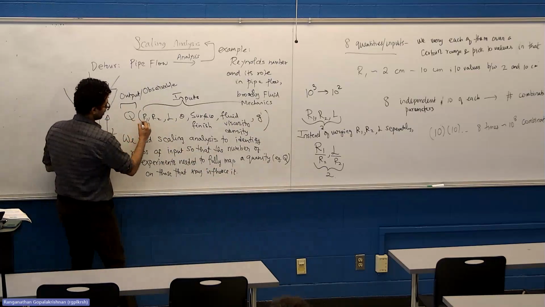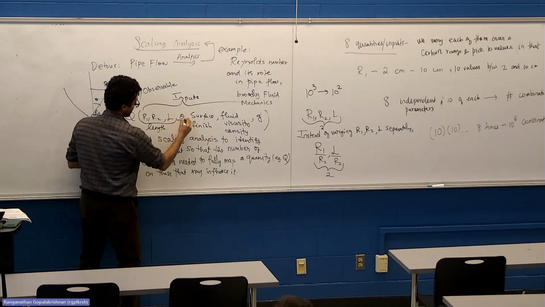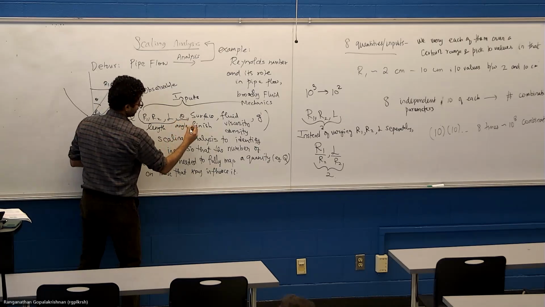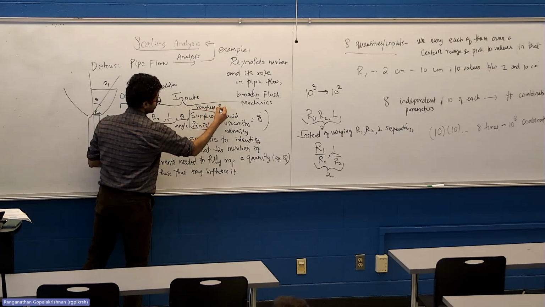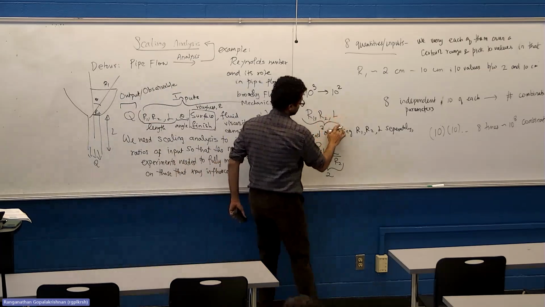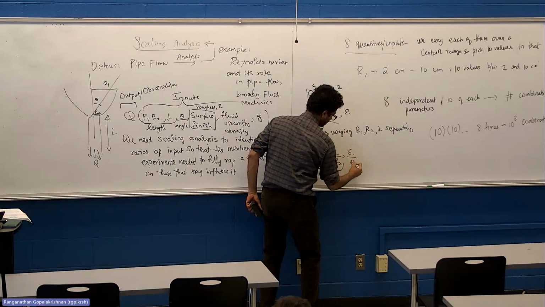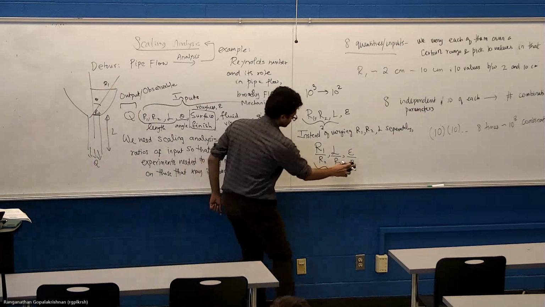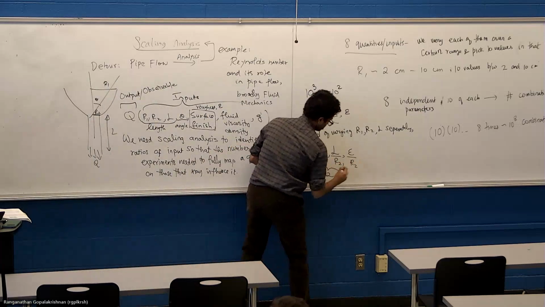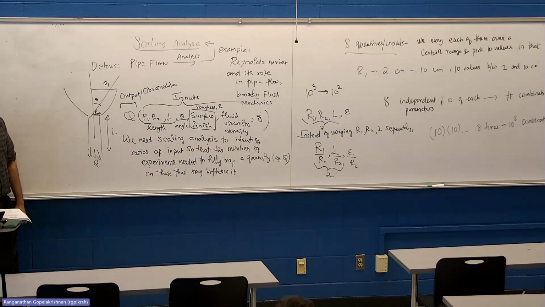These three are length quantities, so it's okay. This is an angle. This is surface finish. Usually we denote this by a quantity called roughness, which is also a length. So I can add epsilon over R2.